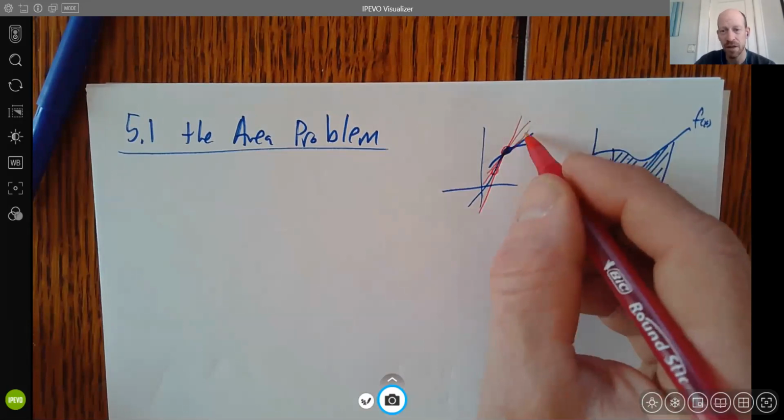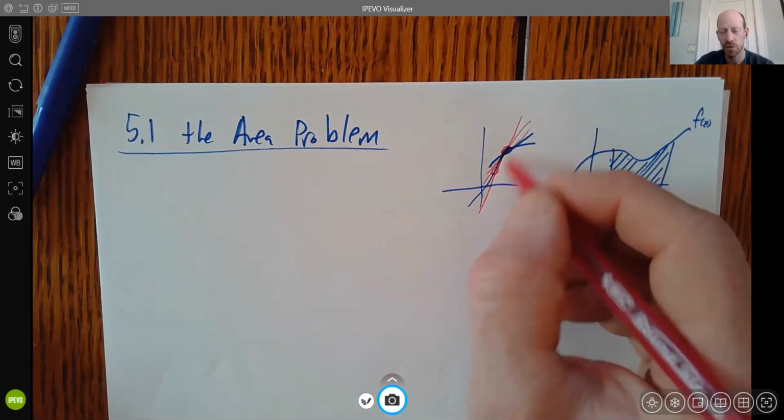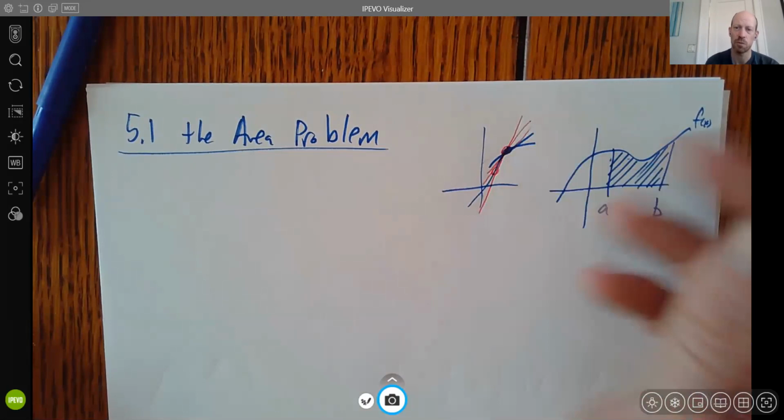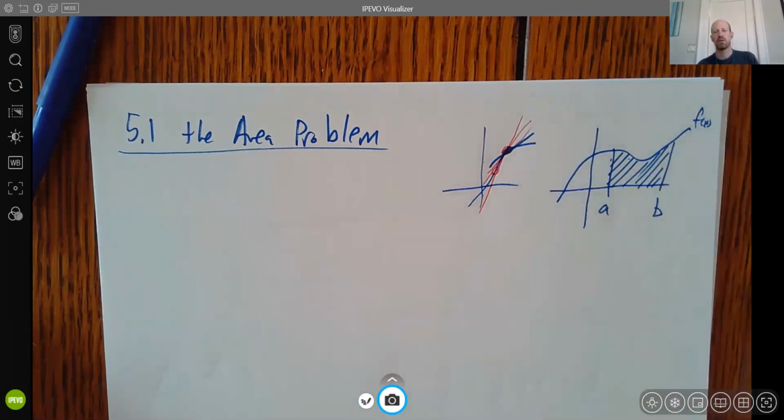And that limit of these slopes turns out to equal the slope of the tangent line. So even though we couldn't get there directly, we were able to use the limit to solve that problem. And we're going to bring a very similar approach to this area problem.